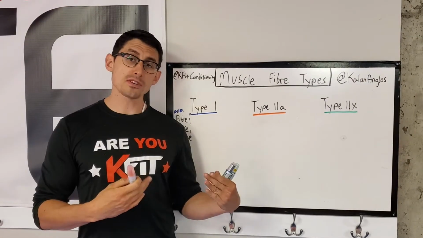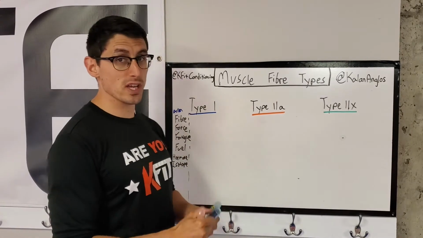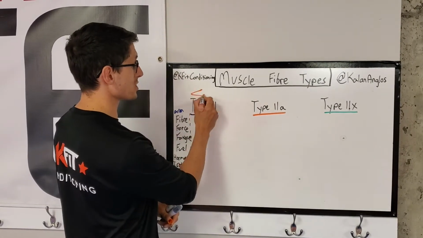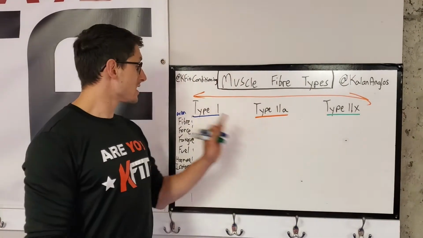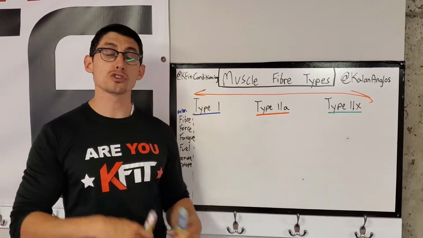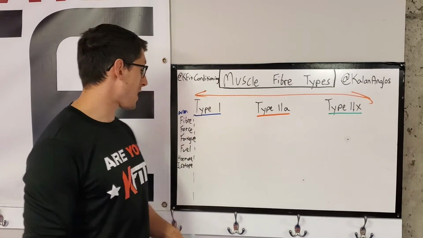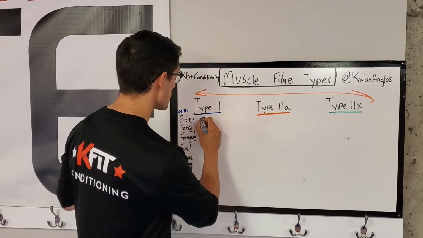So, muscle fiber types in humans range from slow twitch to fast twitch. We have slow on one side, fastest on the other side. Near the slow end are our type 1 fibers, our slow oxidative fibers, sometimes called SO.